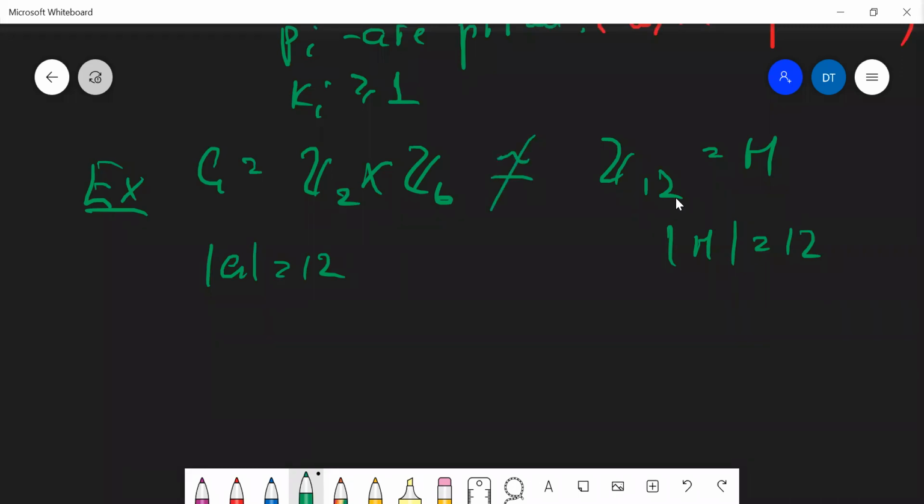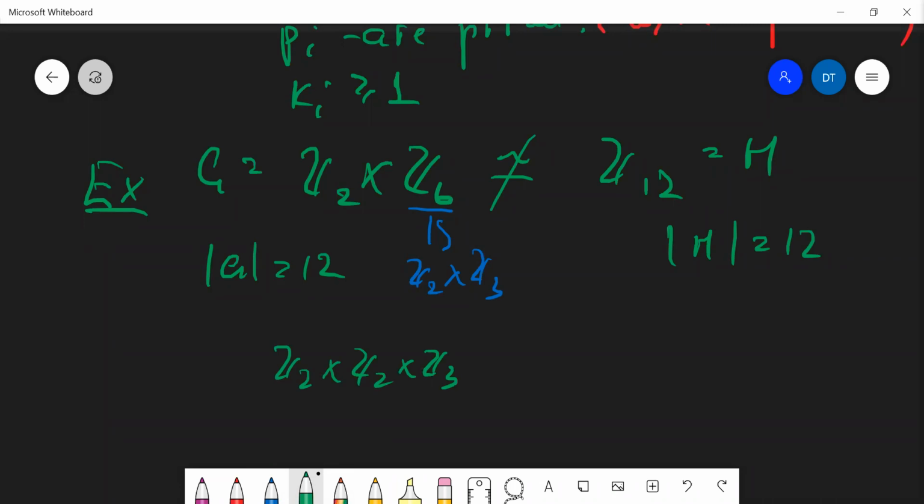Or you may reduce this presentation to form number 2 using the Chinese remainder theorem. We already know that Z6 is isomorphic to Z2 times Z3. So the whole group is isomorphic to Z2 times Z2 times Z3.